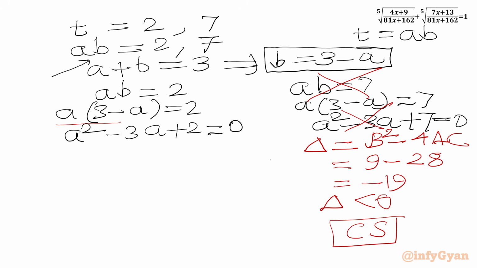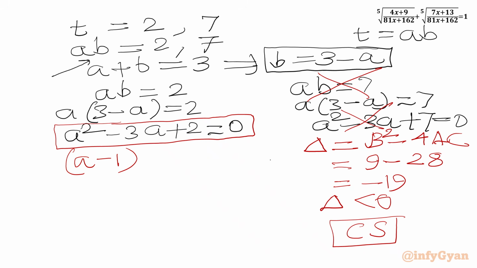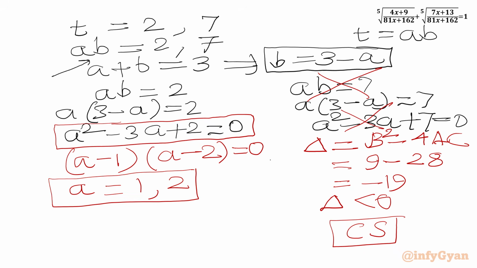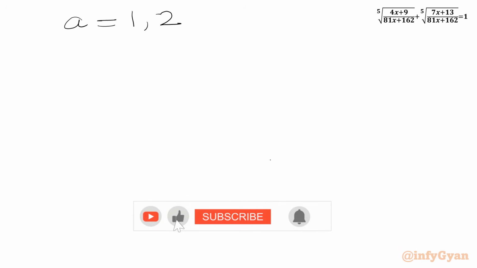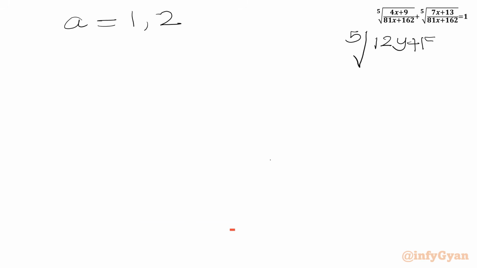Now we have a² minus 3a plus 2 equal to 0. We will factor easily and write (a minus 1)(a minus 2) equal to 0. Using the product 0 rule, we are going to get a equal to 1 and a equal to 2. Now a was our substitution. If I write our substitution, then the fifth root of (12y plus 15) over (y plus 1) equal to a.